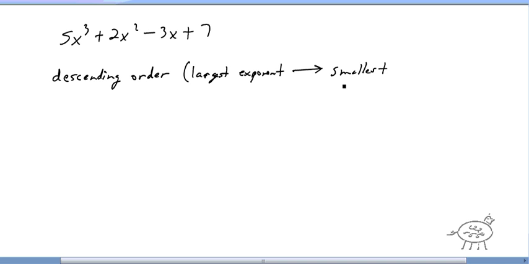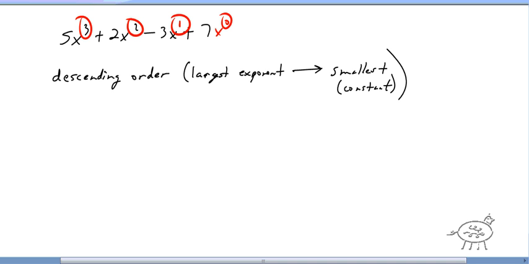And sometimes that smallest can be a constant. So don't get fooled by that. It has nothing to do with the number in front. It's strictly the exponent. So this one's got a 3, a 2, this is really a 1, and this is, remember, like saying x to the 0. So that's why that's in that order. 5x cubed plus 2x squared minus 3x plus 7.